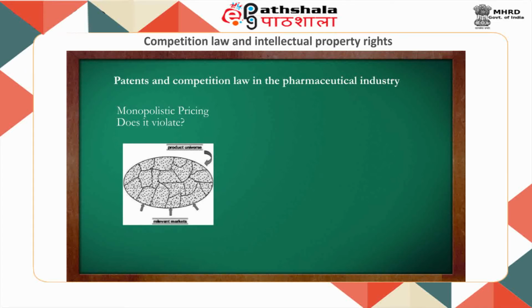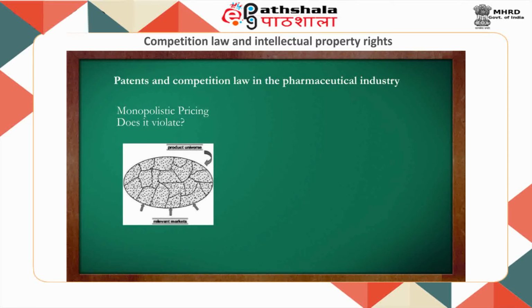Now, one of the conditions in which competition law and policy operates is that it has to define what is the product universe and the relevant market. The relevant market in relation to a specific good would be that where by virtue of an increase in prices or certain unilateral acts of the IP holder, there would be sufficient consumers who would shift to another substitutable product.